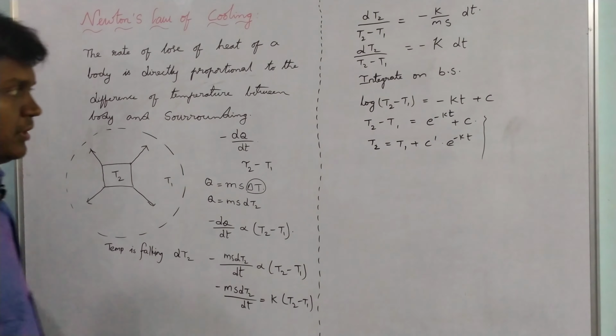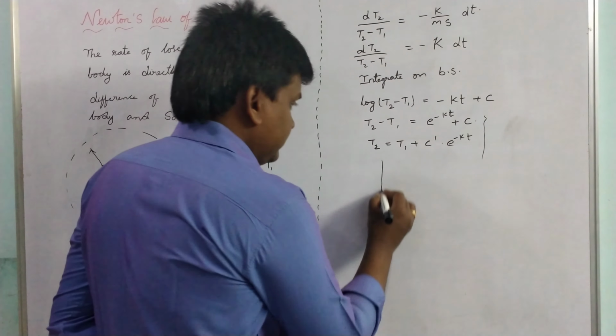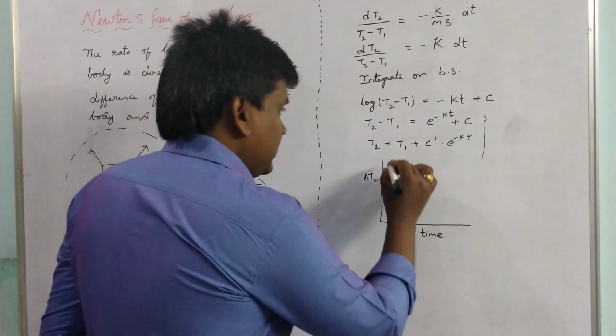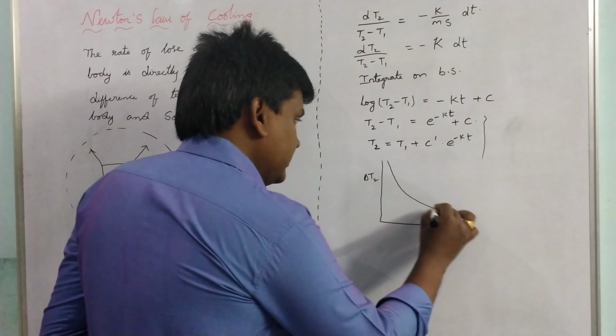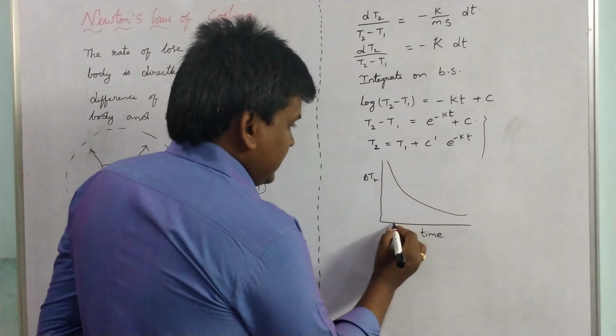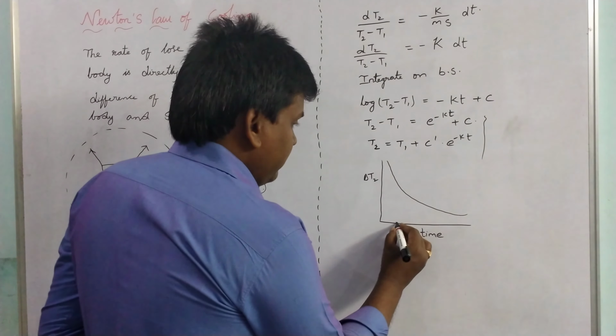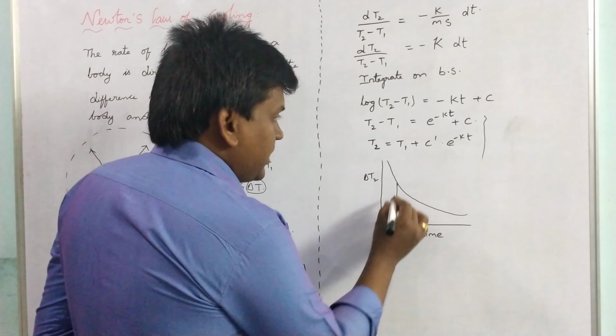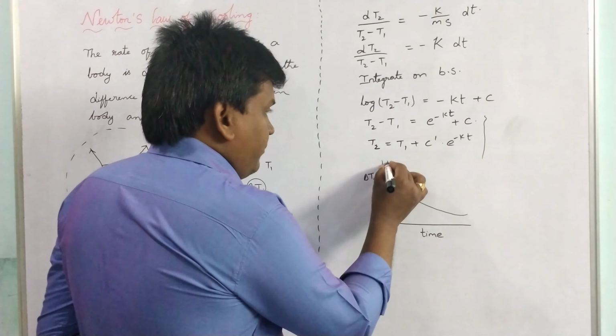Now if you consider a graph, this is temperature and this is time. So the graph looks like this. At the first time interval, for a small time, this is the fall of temperature.